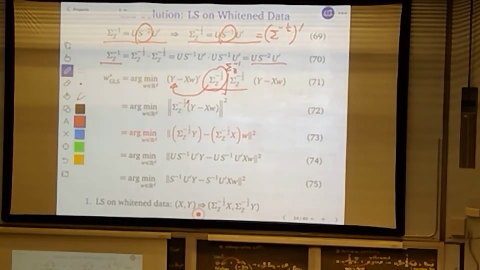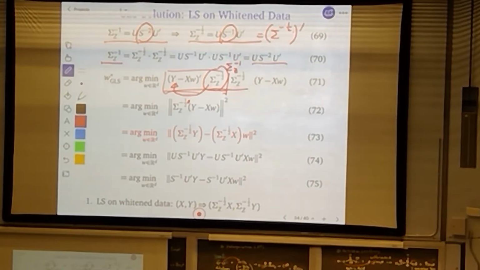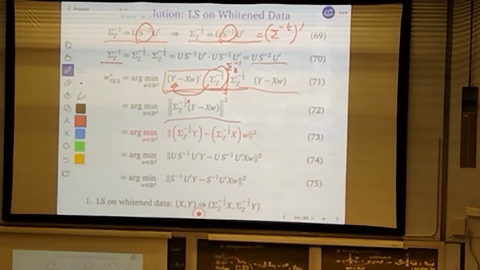So then, essentially, I can complete the square. So this is just some vector. This vector multiplied with its transpose is essentially the L2 norm of this vector. And this is a known matrix, so I can multiply inside this bracket.